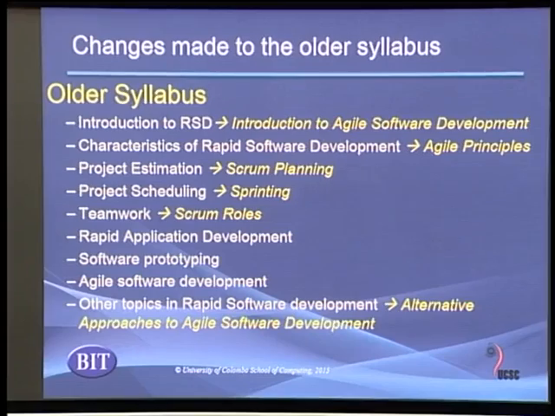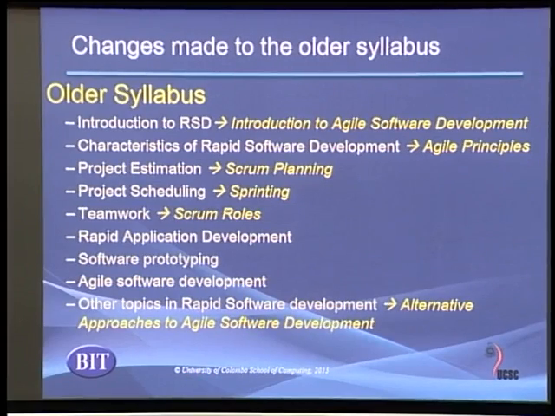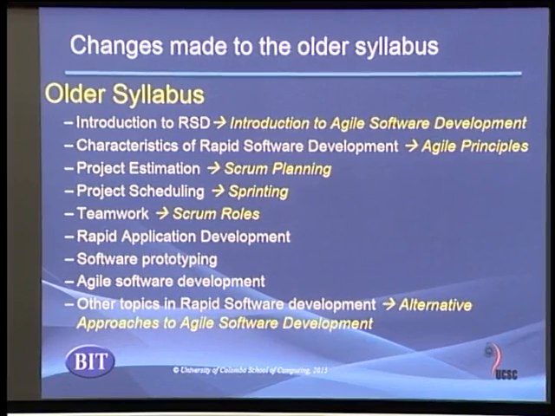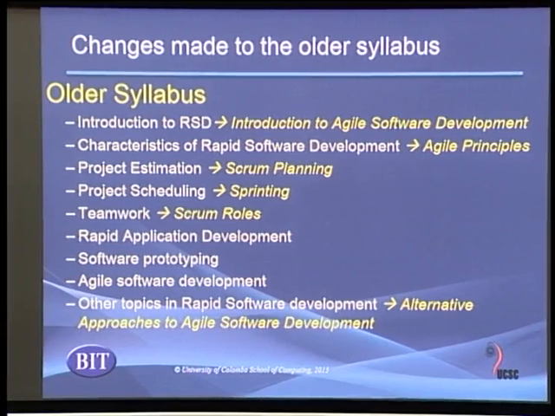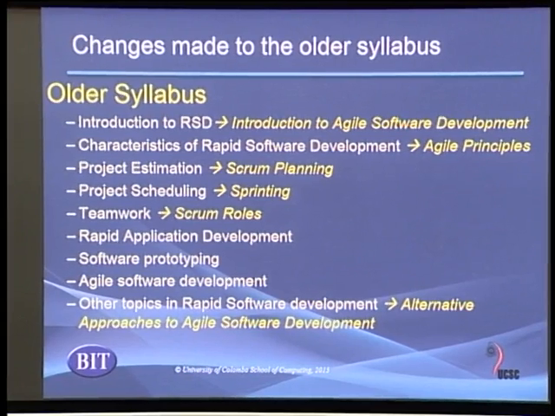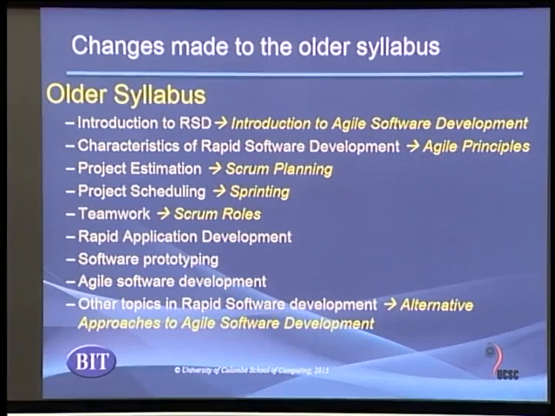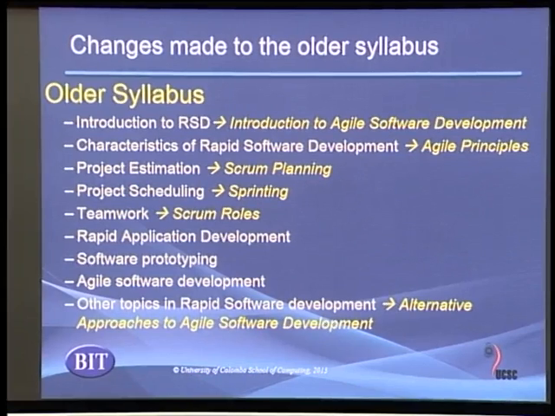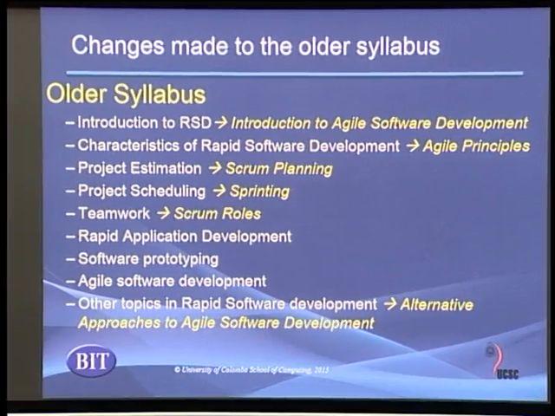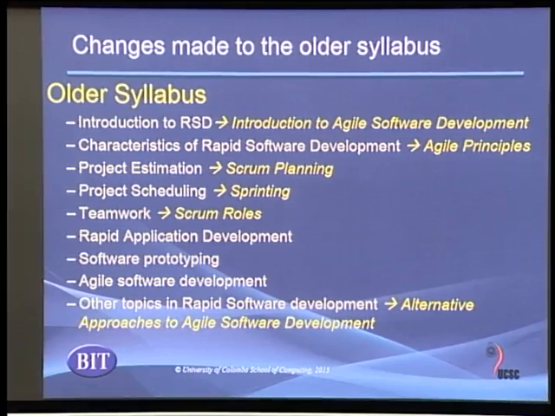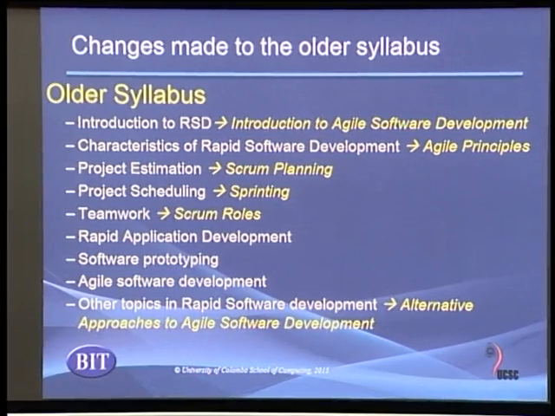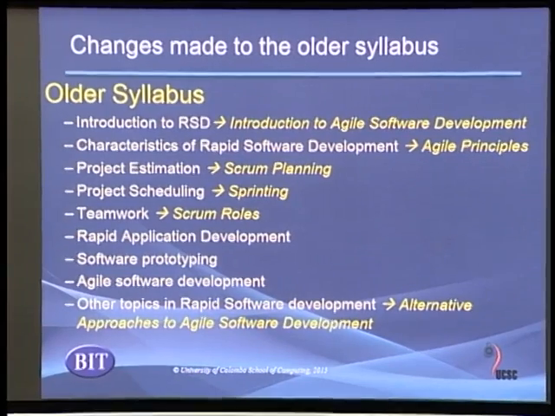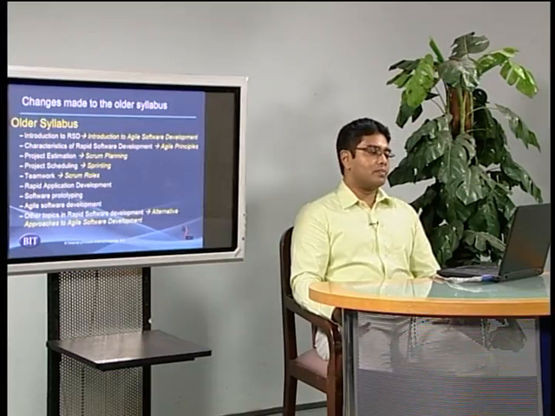The next slide would explain it a bit more. So, the white color lines are the previous year syllabus, and the yellow color is for the mapping of it for the current year syllabus. For an example, at the previous year, we were giving an introduction to rapid software development, whereas the current year syllabus, we are introducing the agile software developments.